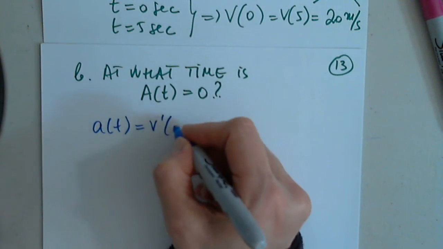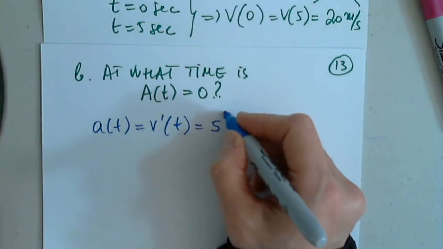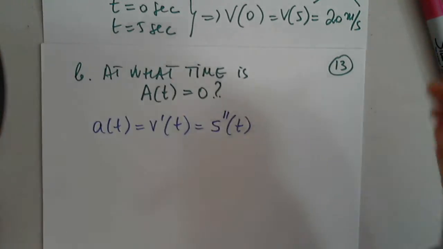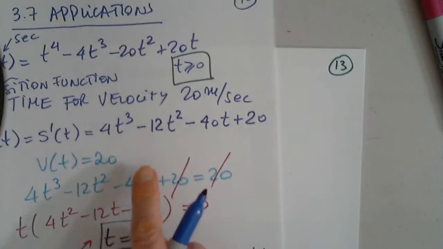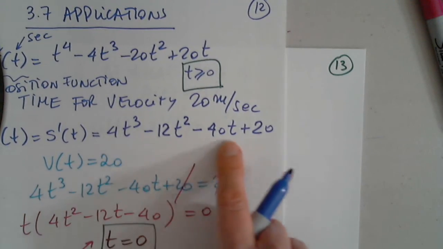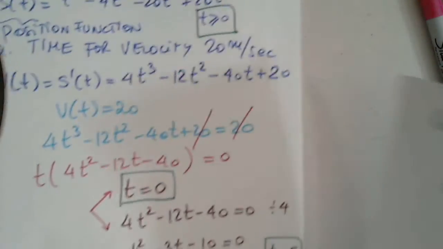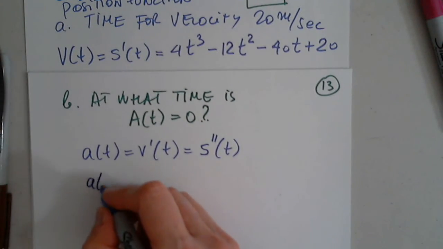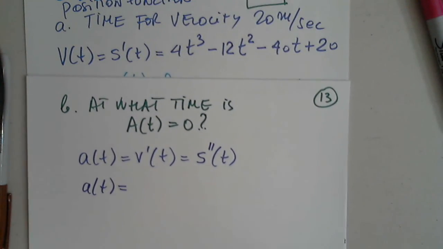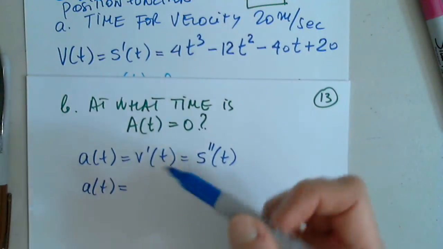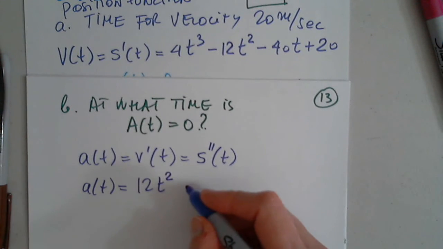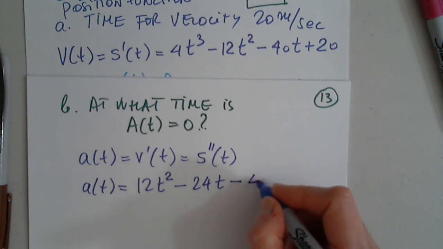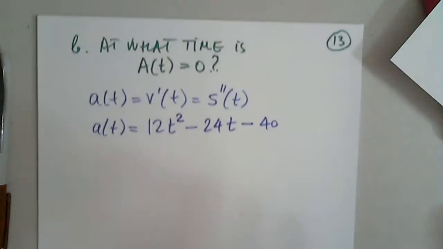Acceleration is the first derivative of the velocity or the second derivative of the position or distance function. Perfect. So I have the velocity. I have to differentiate this one more time. Can anyone give us the step that I need to write for a of t? It's going to be 12t to the second minus 24t minus 40. That's it, awesome.